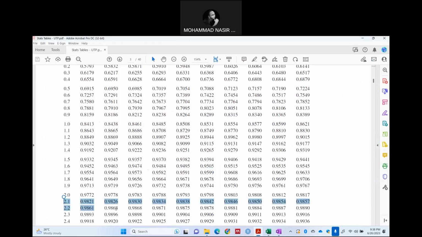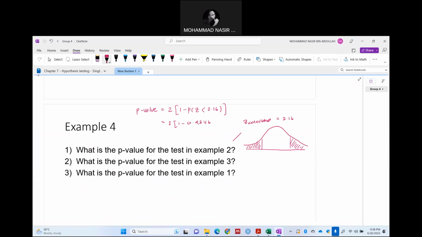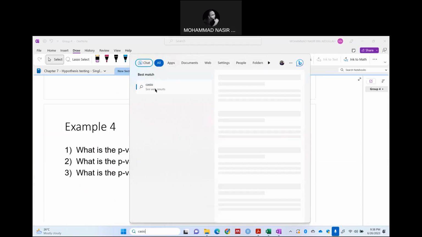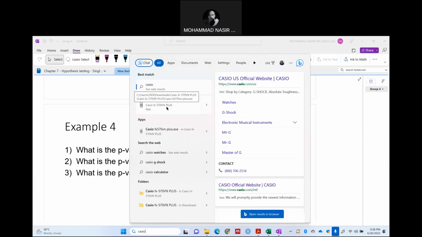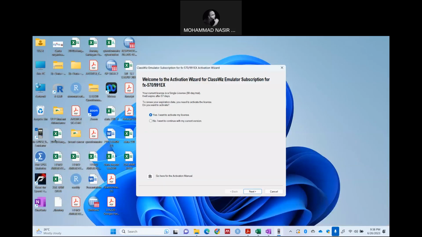It should be somewhere here. 0.9846, right? 0.9846. Sorry, it pointed to the wrong place.